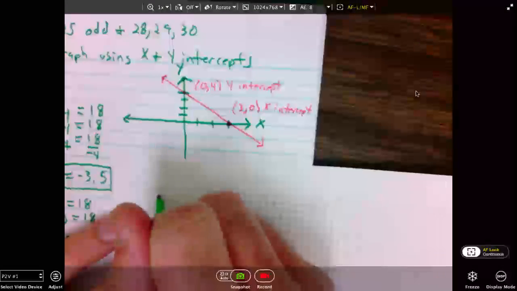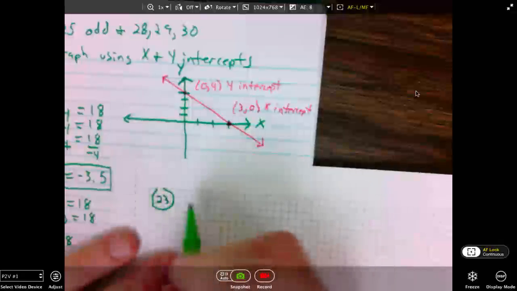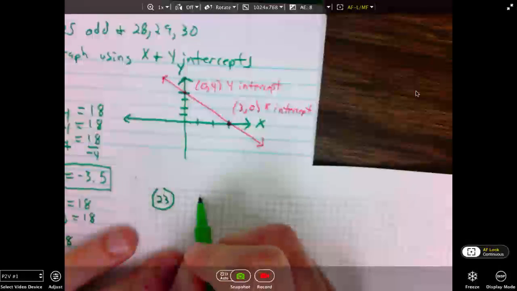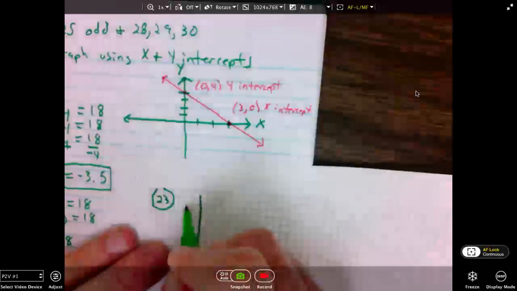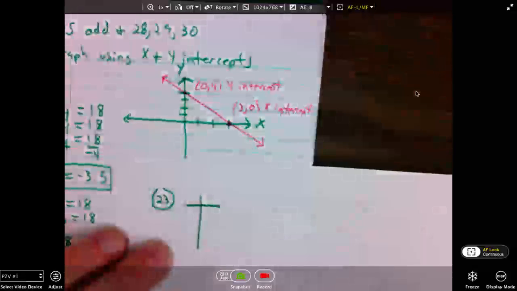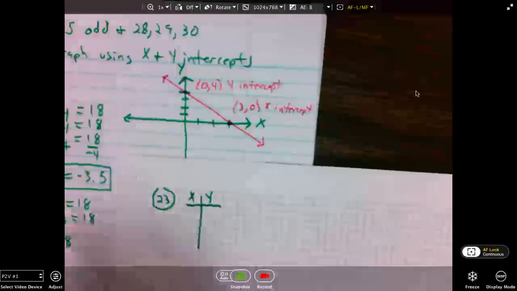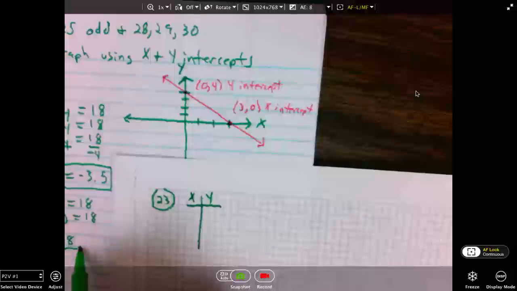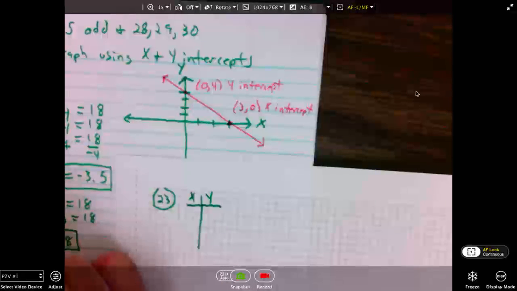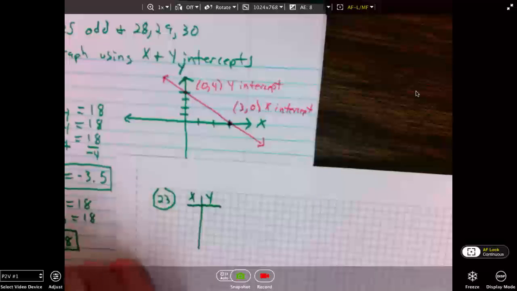Number 23. We know the 2 ordered pairs we need to graph. X-intercept.